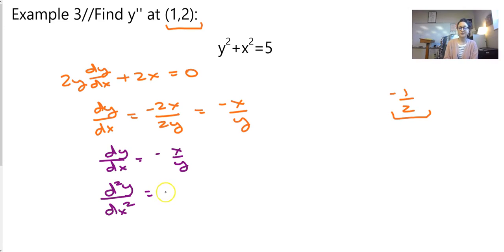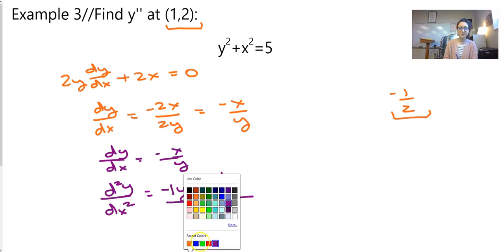So I'm going to derive the numerator, hold the denominator, minus hold the numerator, so this is going to be plus x. I'm thinking of the numerator as negative x, by the way. And then derive the denominator, so that'll be 1 times dy/dx, right? All over the original denominator squared, okay?